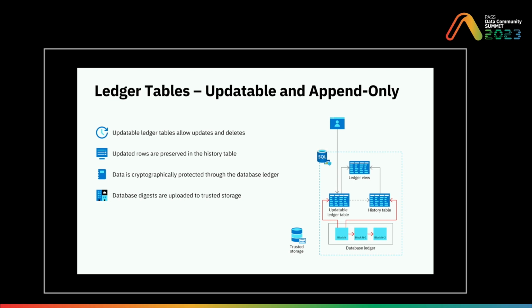Now it becomes interesting, right? Because we have stored these digests outside of the database. So if an auditor comes by and wants to verify the database, we will fetch the digests that are on the trusted storage. And in real time, we're going to recalculate the digest or the blocks inside the database, right? This is done by a specific stored procedure that we have created.